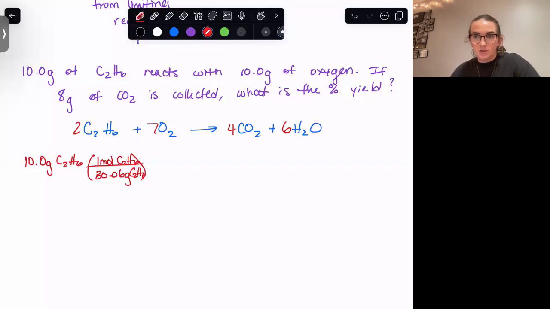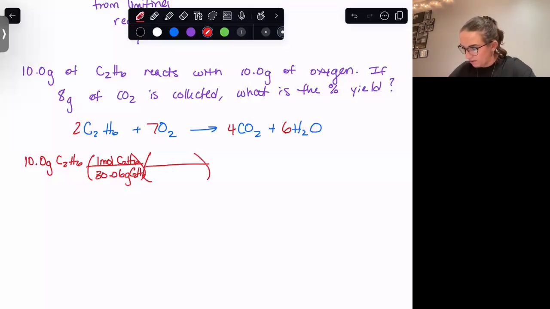And then what ratio do we use in order to find our limiting reagent? Yep, someone said 7-2 or 2-7. That's definitely one option. You can either compare your reactants to reactants, or you compare your reactants to products. So this can diverge in two ways.